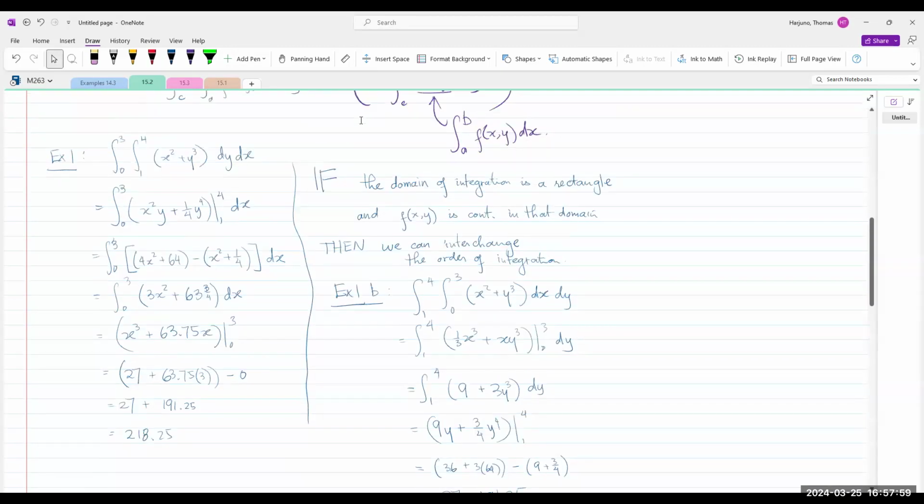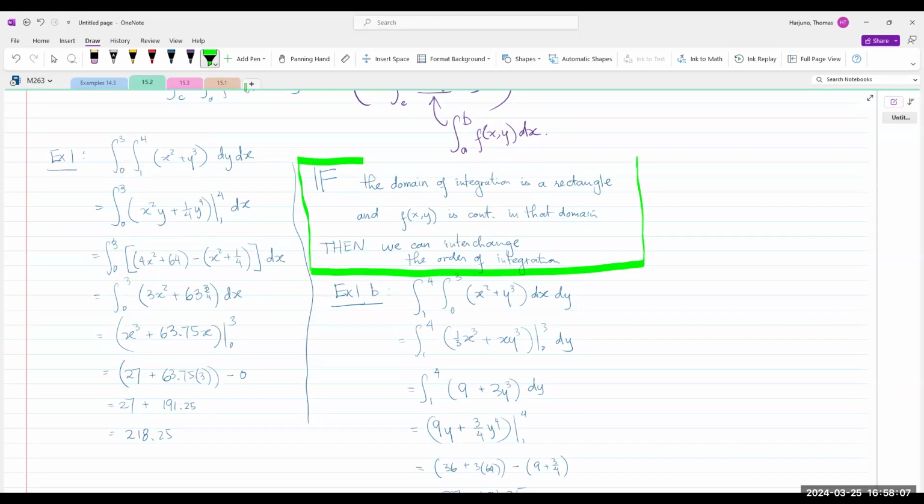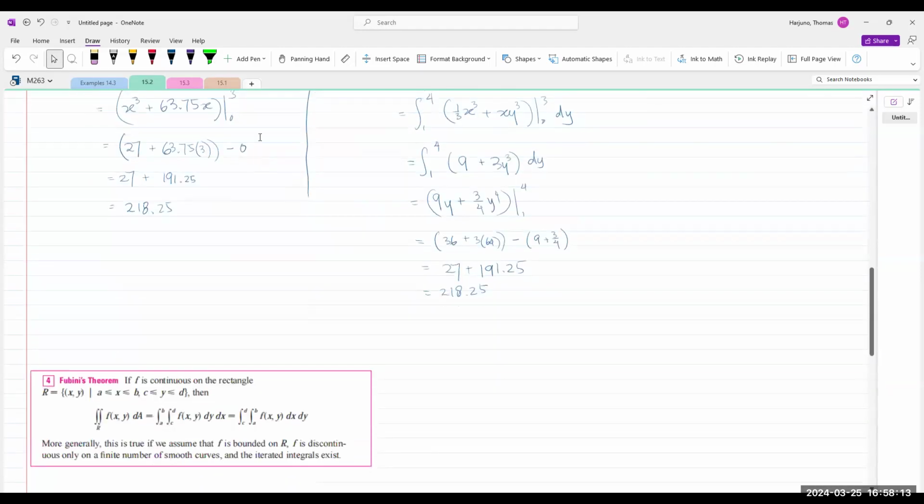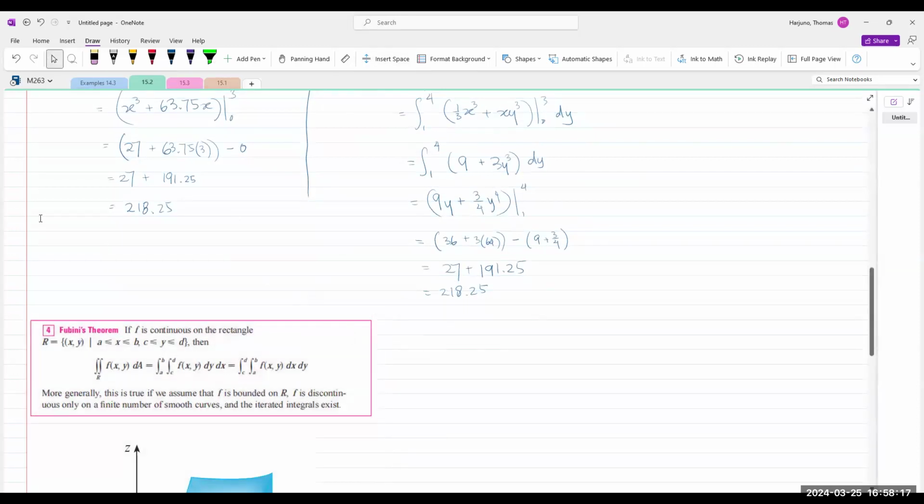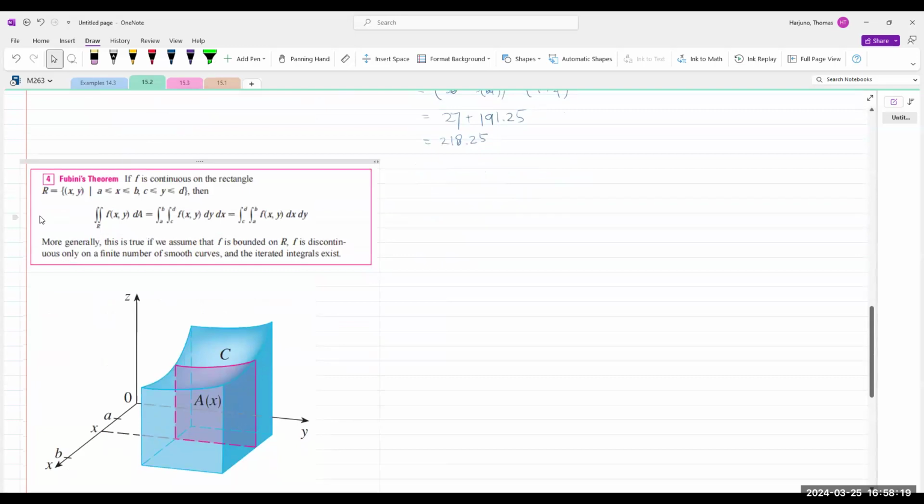Okay, but the rule you need to remember is: only if the domain is a rectangle and the function over that domain is continuous. That brings us to a theorem called Fubini's theorem. Fubini's theorem says if a function is continuous on the rectangle, this is our textbook way to write that rectangle.